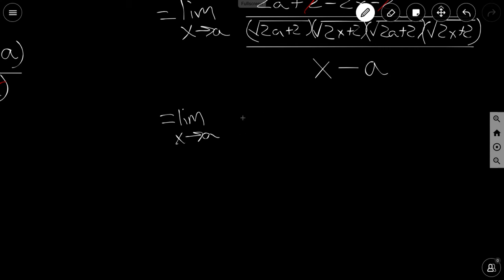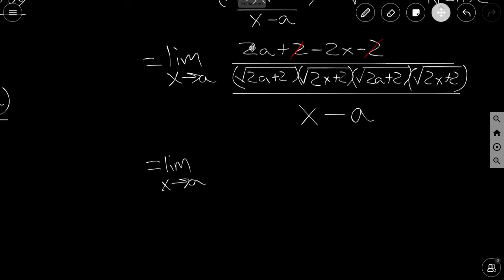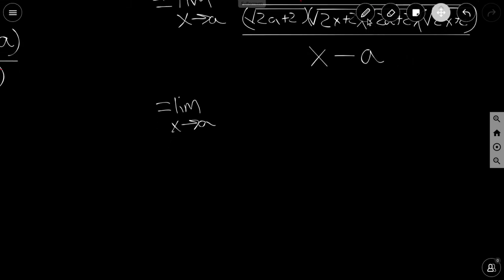So I'm going to factor out a -2 from the numerator. -2 from 2a, -2x, which will give me -2 times x minus a.